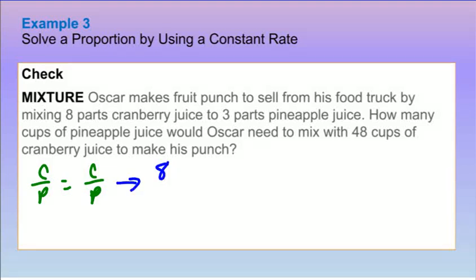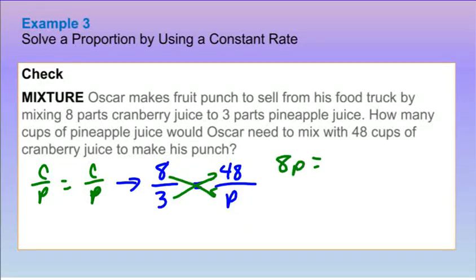So I have 8 parts cranberry juice to 3 parts pineapple juice, same as how many cups of pineapple juice, so P, would I need to mix with 48 cups of cranberry juice. So solve for P. Now I can just do cross multiplication.